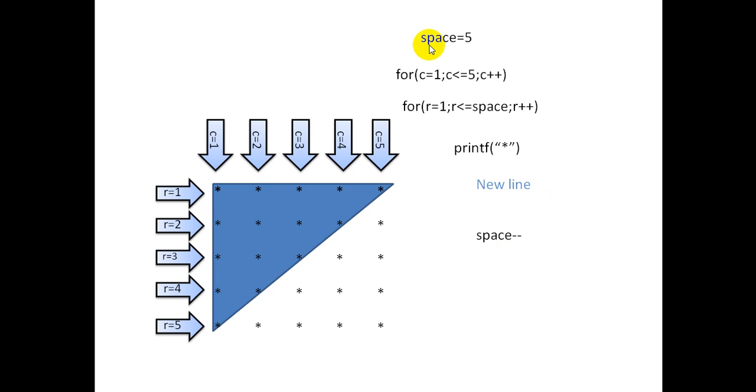That means the space variable's value is now 4. So it is printing 4 stars. So that's pretty much all. So now let's get to the code.